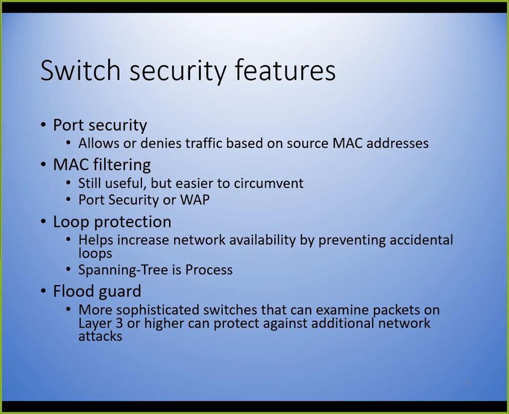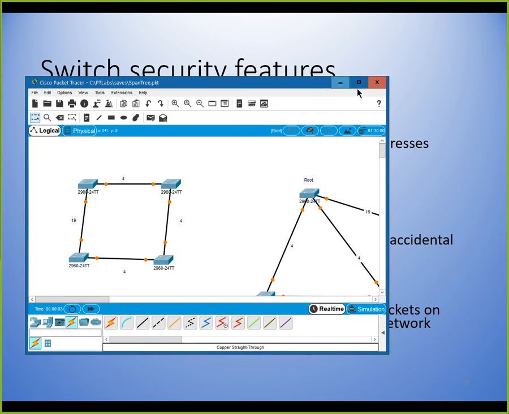Loop protection. Let's see if we can do that. That's spanning tree, which we talked about, the one that everybody loves. There's not a whole lot of configuration to spanning tree. It's just kind of there. What we want is to be able to have physical loops.